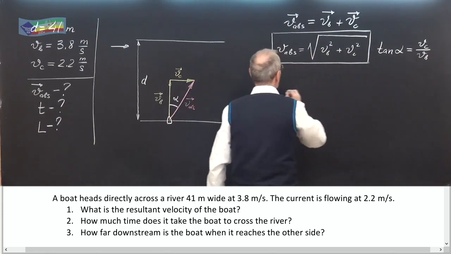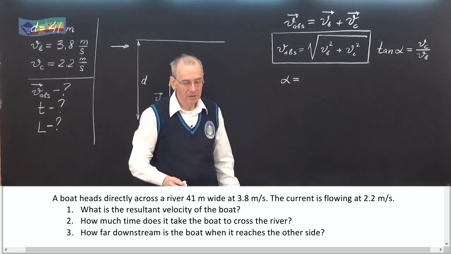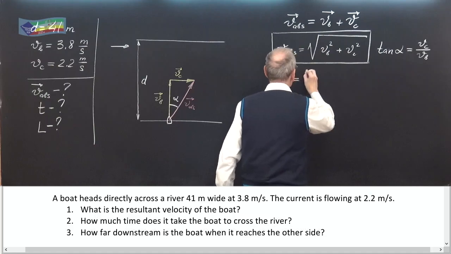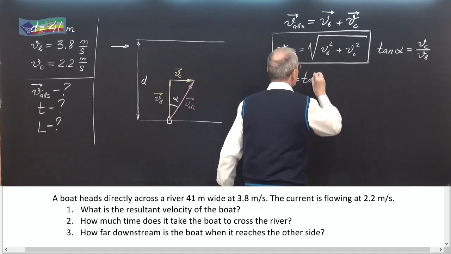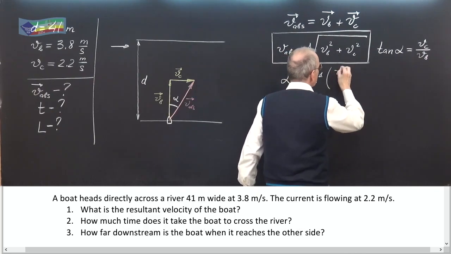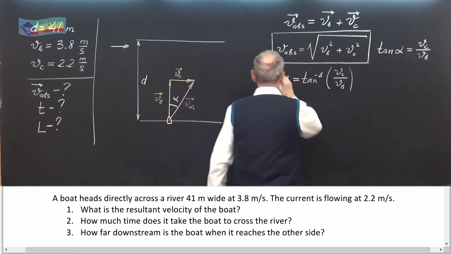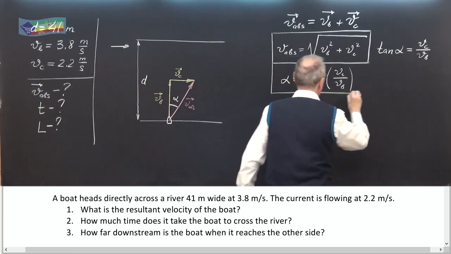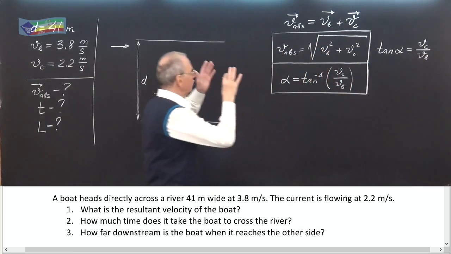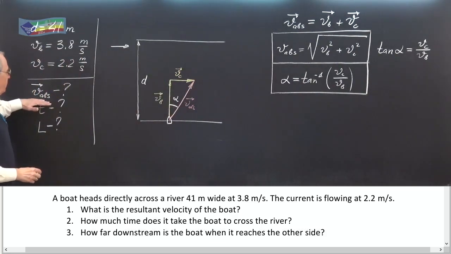So alpha is inverse tangent of the ratio VC divided by VB. The next formula. So we have full information about absolute velocity.